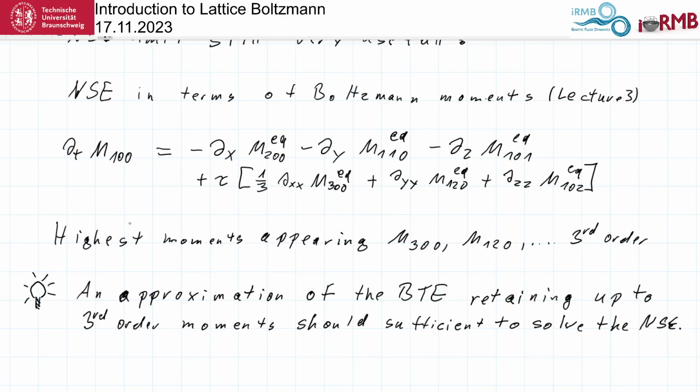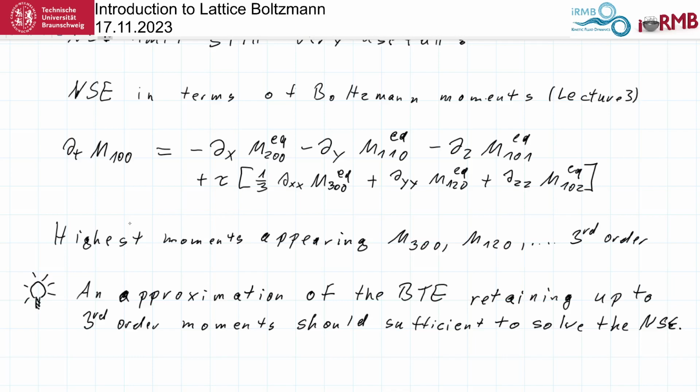Okay, now we know what we have to do. We take the Boltzmann equation, approximate it up to the third order moments, discretize this, and then we have a Navier-Stokes solver.